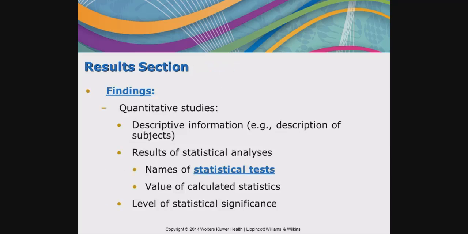That's the M. And then we move to the R, the results section. And this is the IMRAD formula that you'll use for all of your critiques. And when you get to quantitative studies, this is where you will look for those statistical tests. And you don't have to be an expert with them.